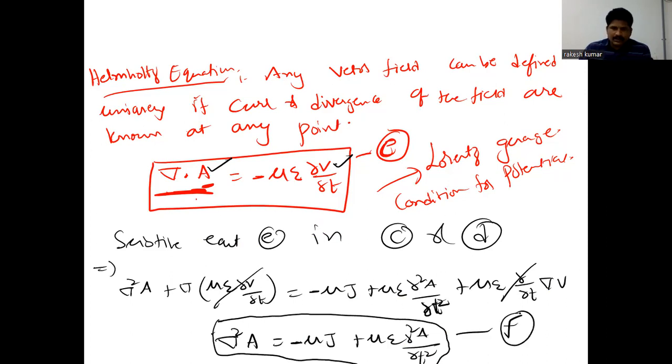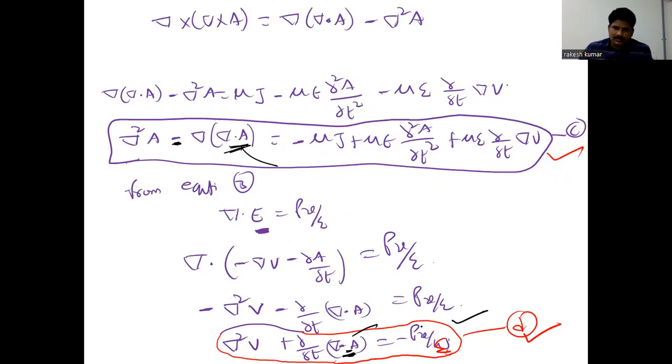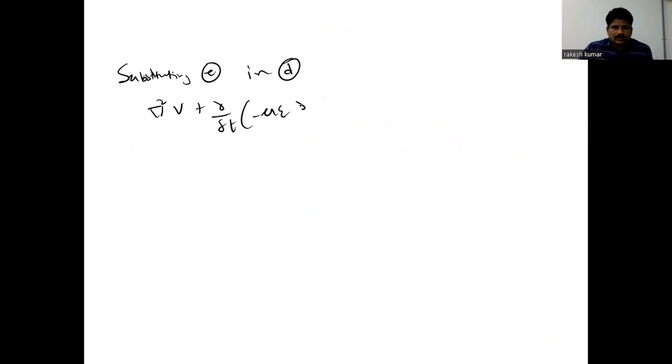Similarly, substitute equation E in D. This is my D expression. In place of del by del t, simply substitute the Lorentz gauge condition. Therefore we get del square V plus del by del t minus mu epsilon del V by del t is equal to minus rho V by epsilon.